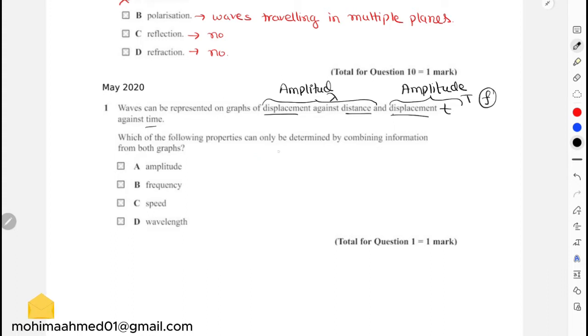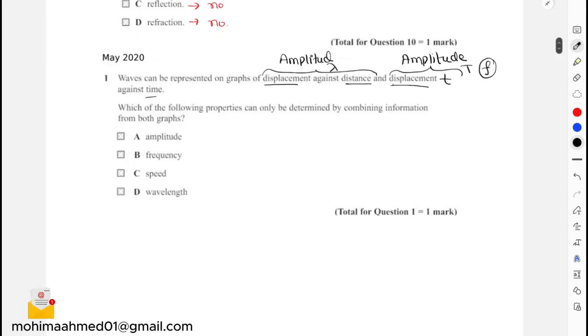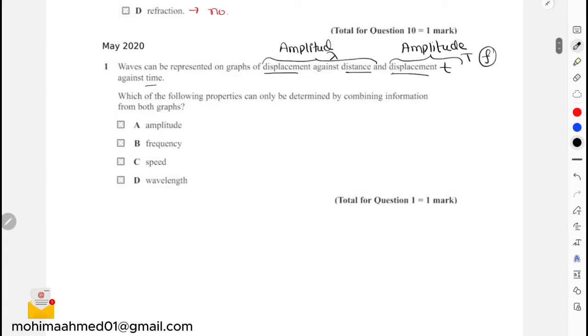So which of the following properties can only be determined by combining information from both graphs? Amplitude is possible from both, frequency is possible from displacement against time, and wavelength is only from displacement against distance. That means from both you take wavelength from displacement against distance and time period from displacement against time.